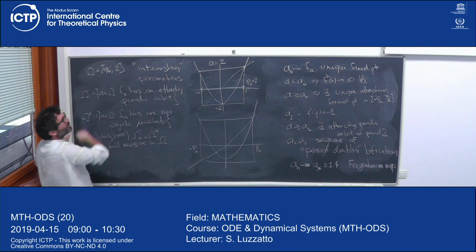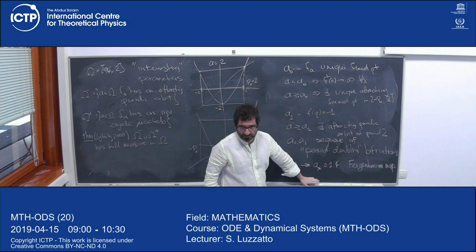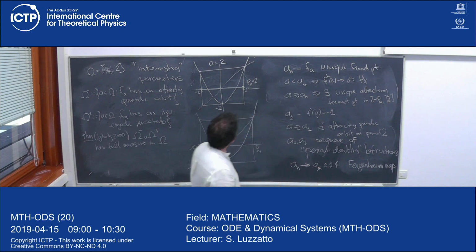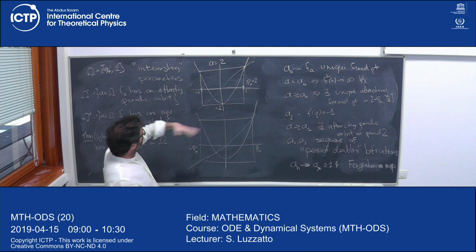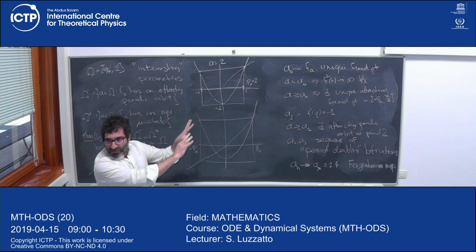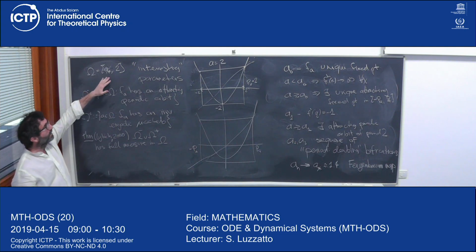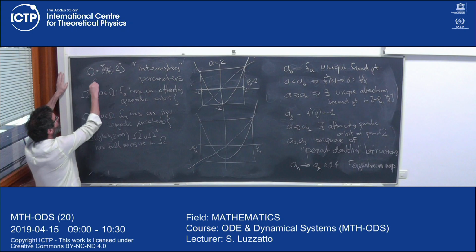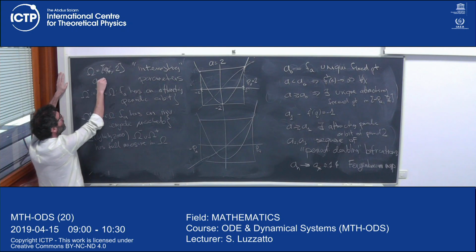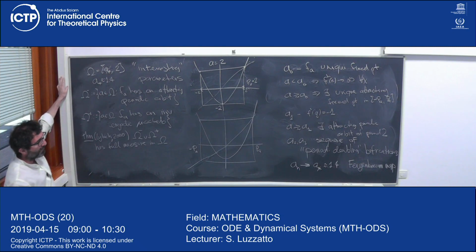Between a star and 2, up to a star we know exactly what happens, and beyond 2 we also know exactly what happens. Everything escapes except for a Cantor set of points, right? So the interval that remains is this interval here, where a star is approximately 1.4. I want to write that to give you an idea of the order of magnitude here.